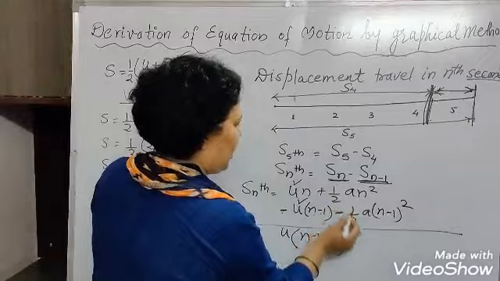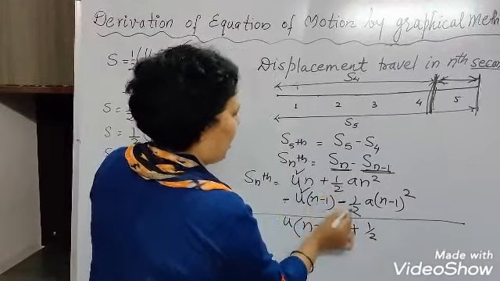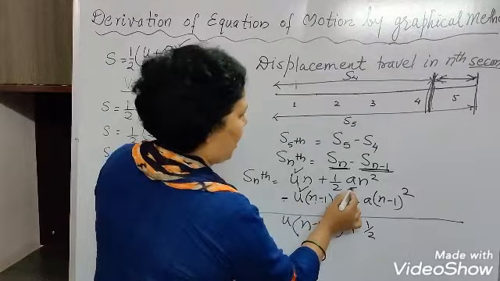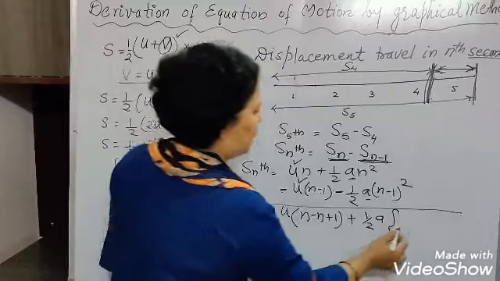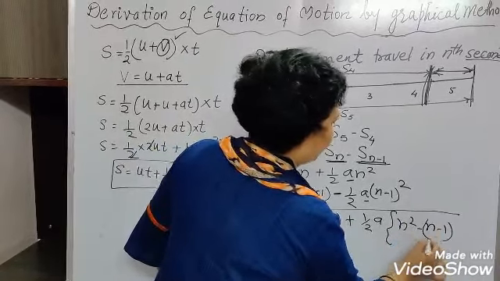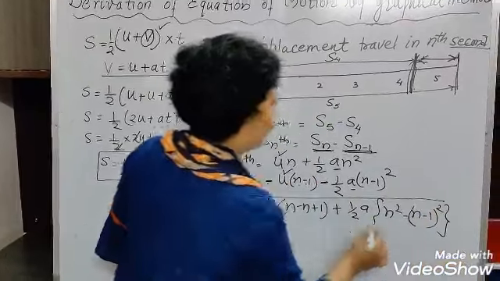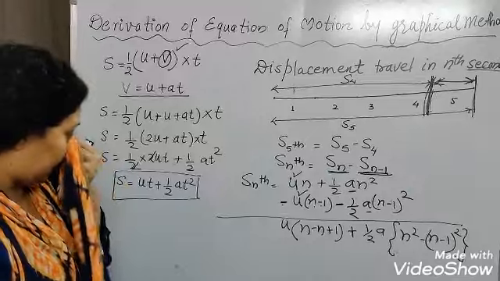Now half a we will take common, and we can see that n square minus n minus 1 the whole square.